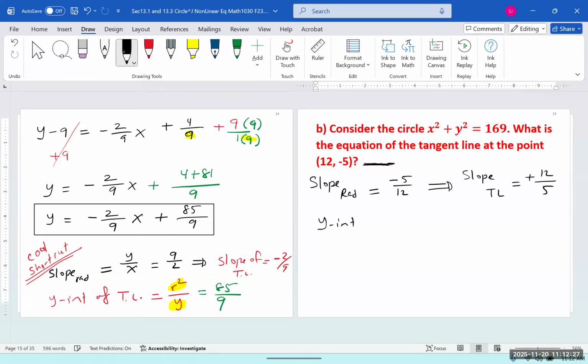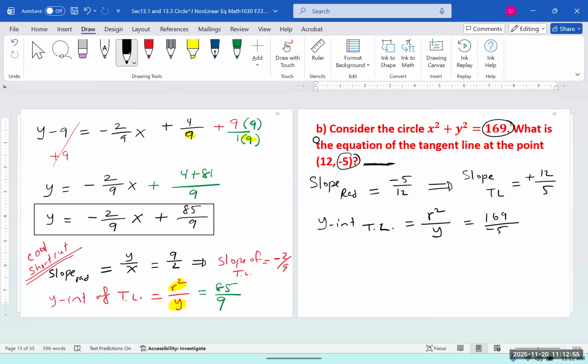And the y-intercept of the tangent line is radius squared divided by y. So 169 divided by -5. That's a shortcut.